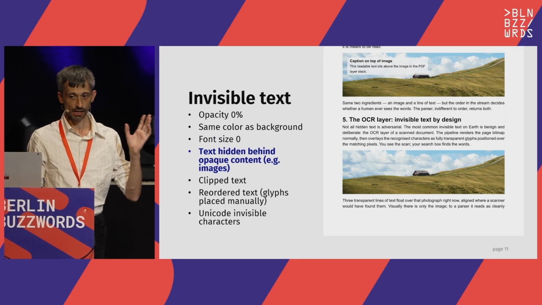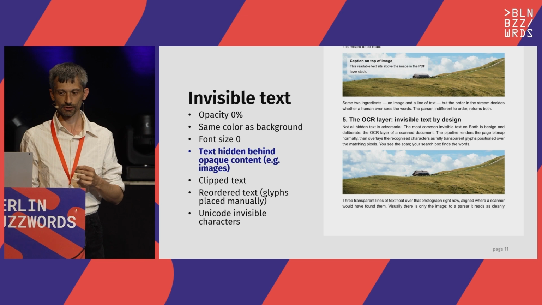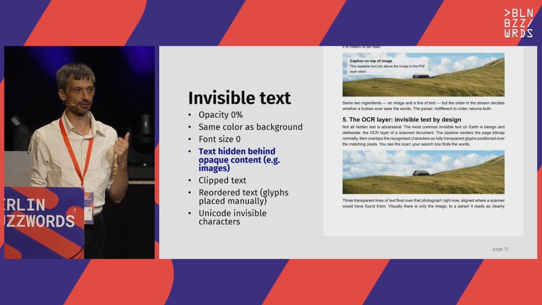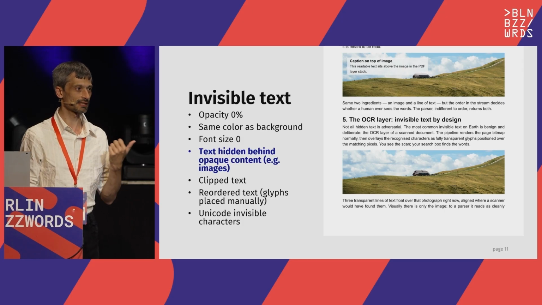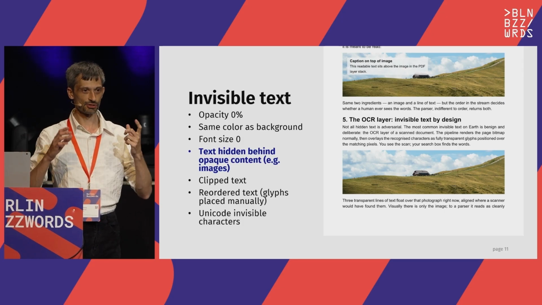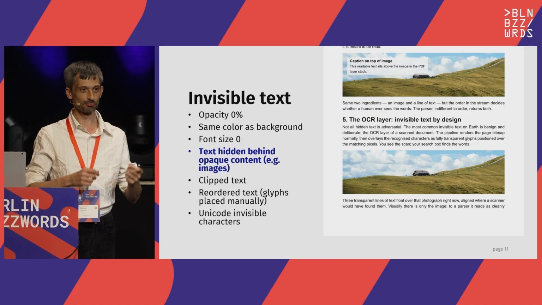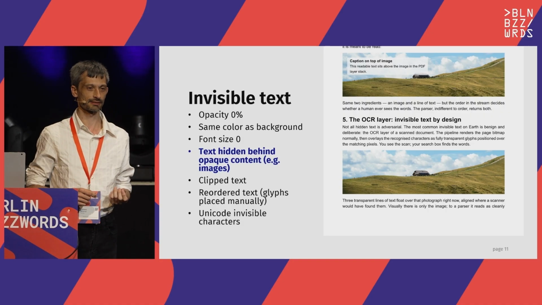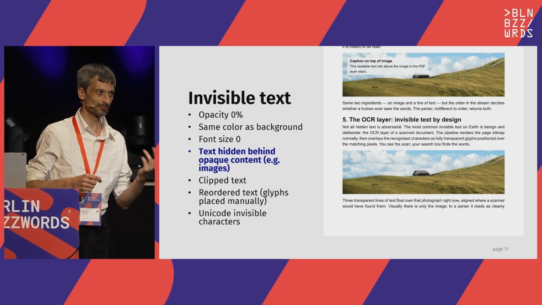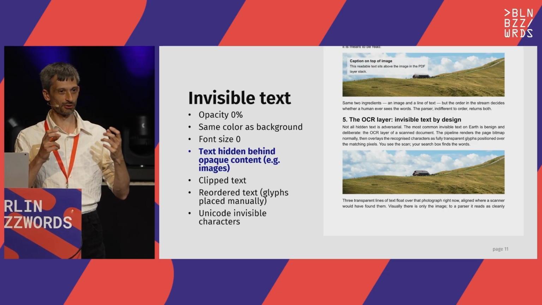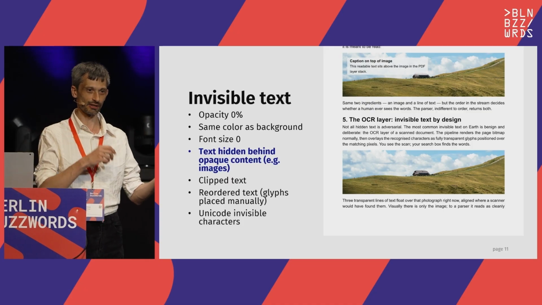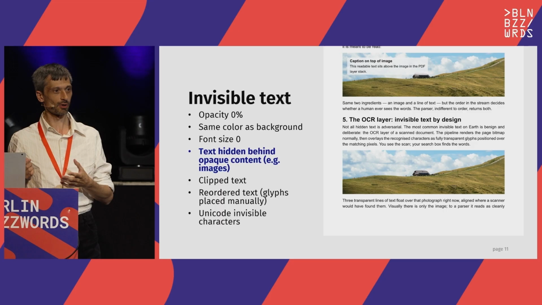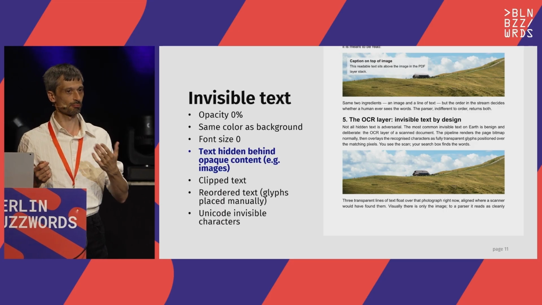Well, obviously, other examples of hidden text behind opaque elements, images. Sometimes you have images that float around, you print a PDF, and then that image actually goes on a text. So maybe as a creator of the document, you want that image to not float on top of the text, but someone else might want that to influence your pipelines.